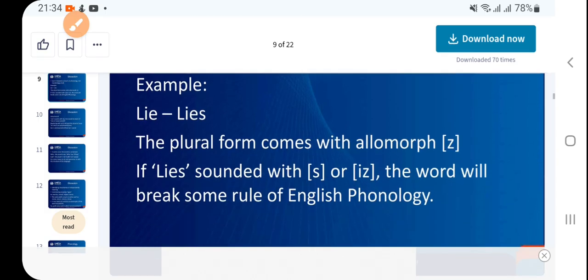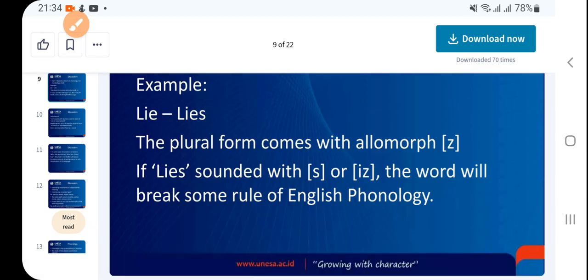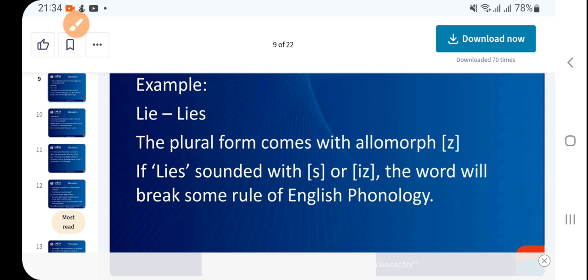Example, lie. The plural form comes with allomorphs as lies. And if lies sounds with s or es, the word will break some rule of English phonology. Because the s sound should come, but here instead of s, another sound comes, the z sound, lies.